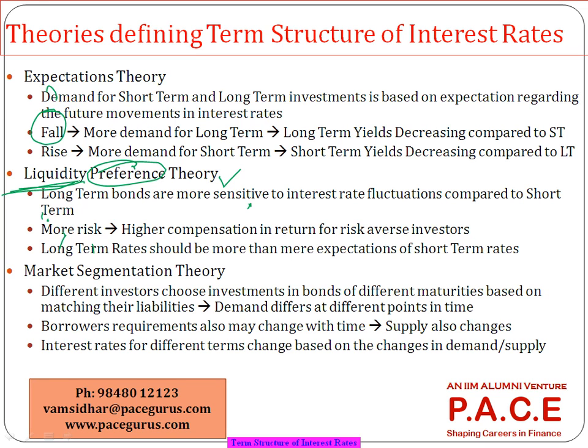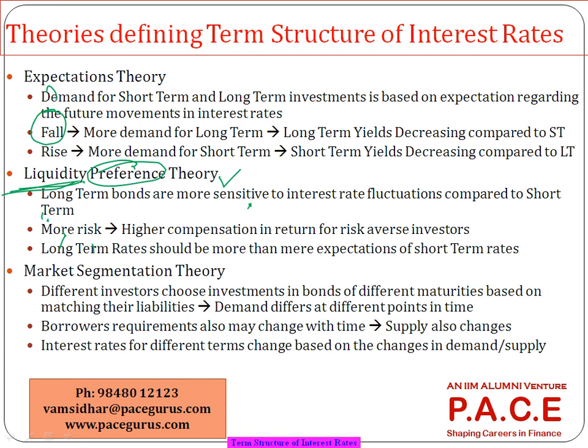So because of that, whenever someone is locking or blocking their money for a longer period, they are taking a little bit of extra risk compared to someone who is investing for a shorter period. And as per the risk aversion principle, anyone who is taking a higher risk, he will take that risk only when he is compensated for that higher risk in terms of higher return.